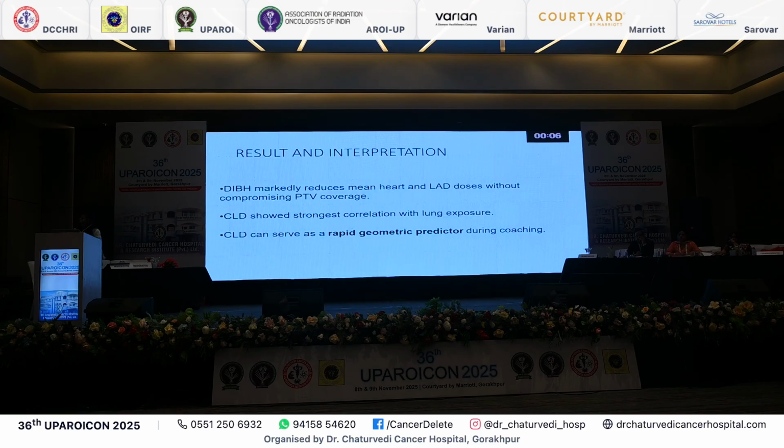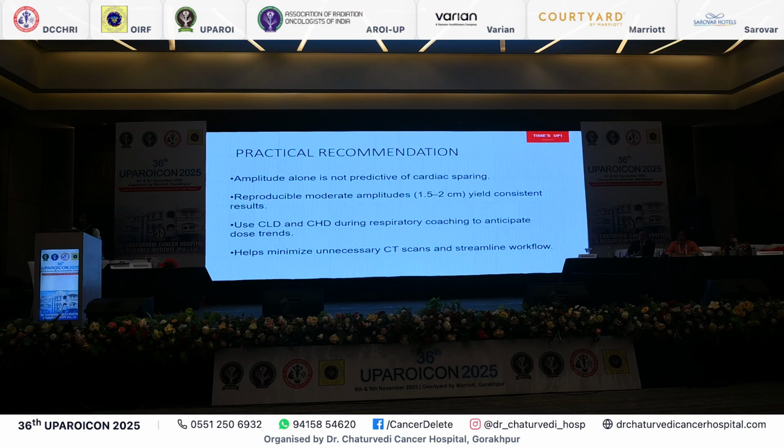The results and interpretation: DIBH markedly reduces mean heart and LAD doses without compromising PTV coverage. CLD showed the strongest correlation with lung exposure, and CLD can serve as a rapid geometric predictor during coaching. The practical recommendation after the study is that amplitude alone is not a predictor for cardiac sparing, and we can use CLD and CHD during respiratory coaching to anticipate dose spread.